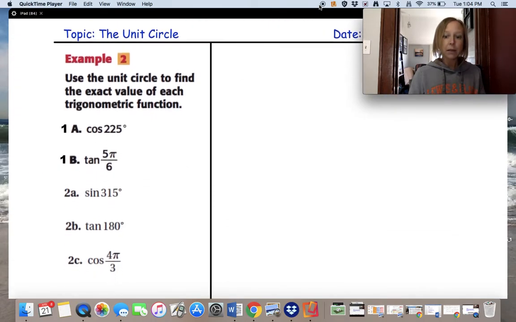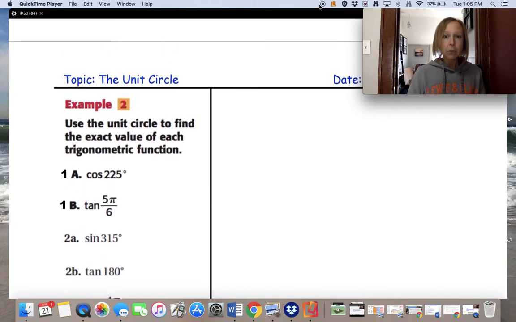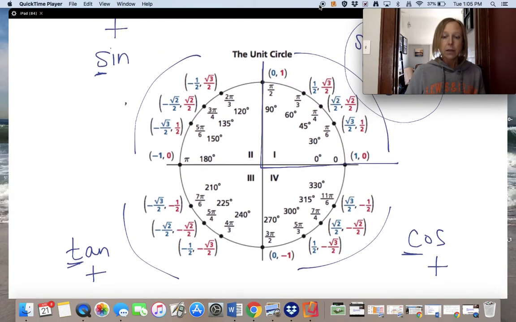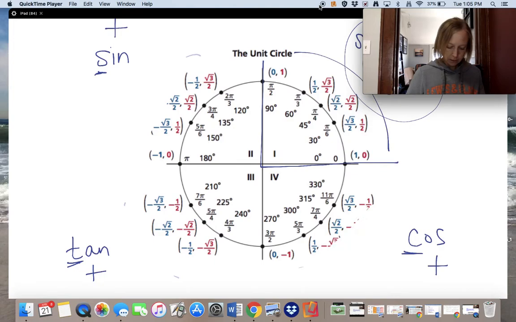All right, you did some practice with this already in the Desmos activity, and let's do a little bit more. We're going to find the cosine of 225 degrees, and we will use our unit circle that we have right here. Okay, so the cosine of 225 degrees, I'm going to erase all of these things that I have written near the border at least.